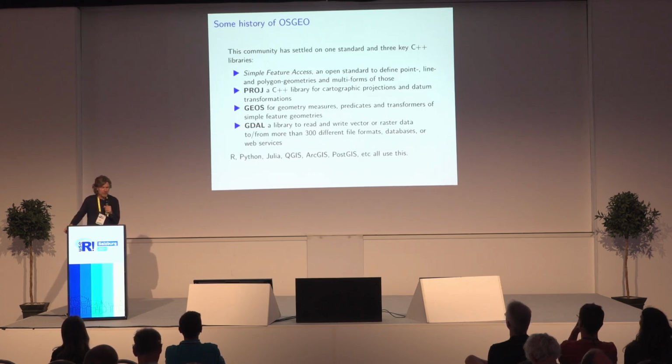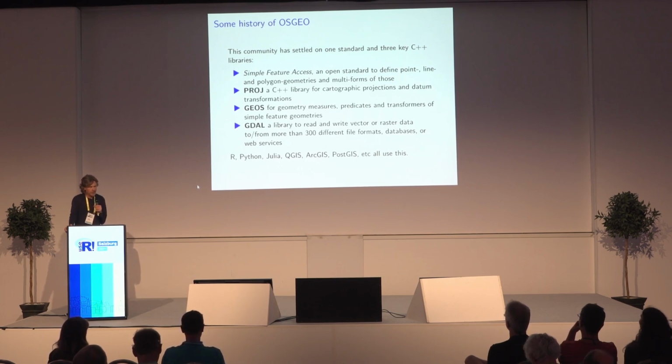So open source geospatial is a group of people and activities that mostly look at software environments and all kinds of projects. All these projects, including the R spatial projects, tend to revolve around a few simple concepts. One is that of simple feature access, which is an open standard for a way to describe point, line and polygon geometries.